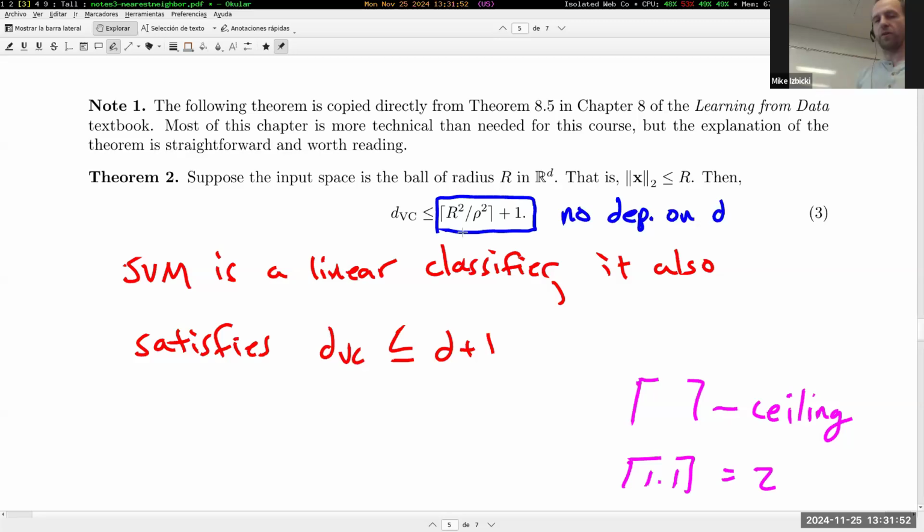Yeah, so if you feel uncomfortable with the fact that the VC dimension here is dependent on the data when our other definitions were supposed to be independent of the data, then reading their discussion about theorem 8.5 in the textbook will hopefully clarify that or make you more comfortable with the fact that this is a data-dependent bound.